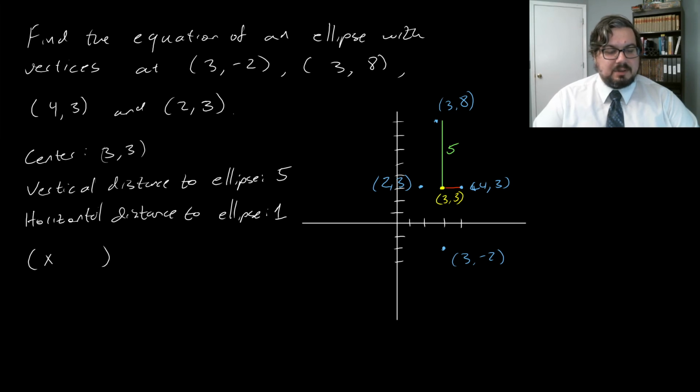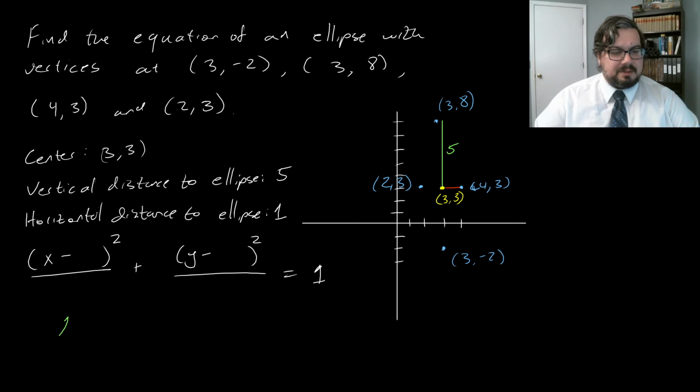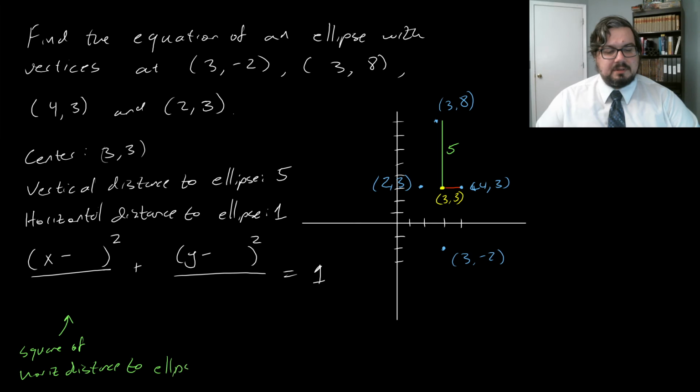So it's always going to be x minus h squared over a number plus y minus k squared divided by a number equals 1. Now, the number underneath the x is always the square of the horizontal distance to the ellipse from the center.